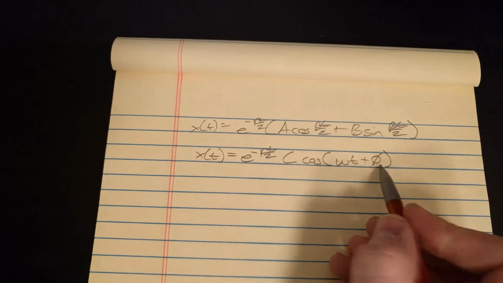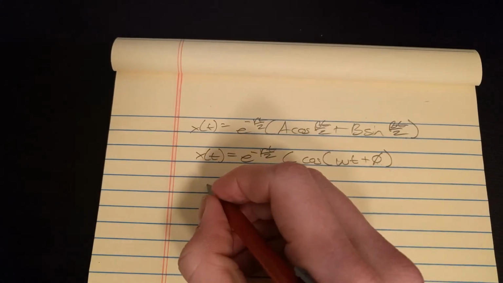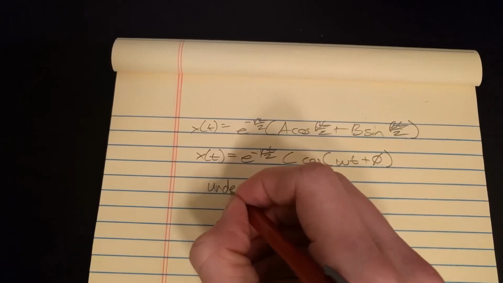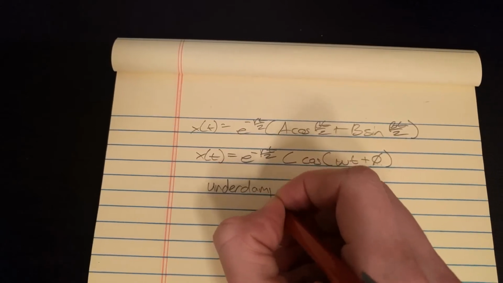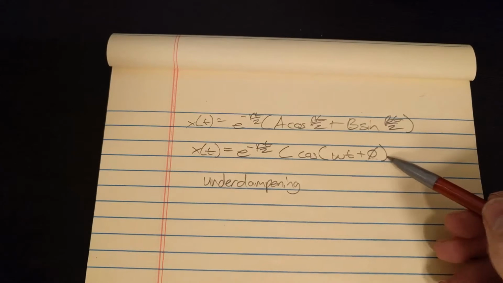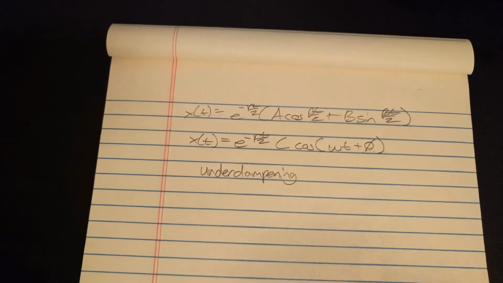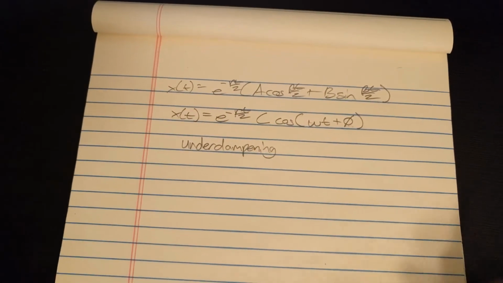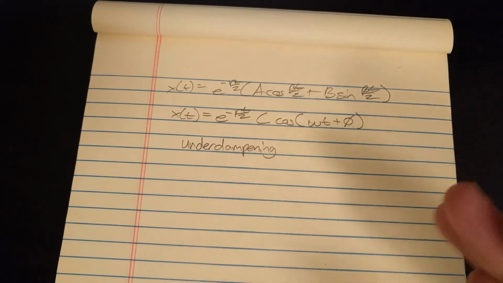Now this is the most important case, and this case is called underdamping. And this resembles everyday phenomena. If you pluck a guitar string, the guitar string is going to resonantly vibrate, but eventually decay. The same thing with a tuning fork, the same thing with a pendulum, the same thing with a child on a swing.